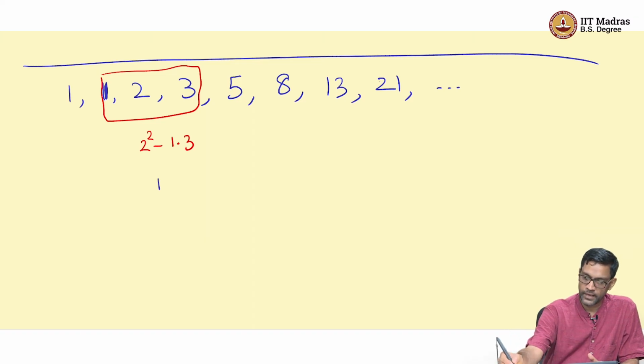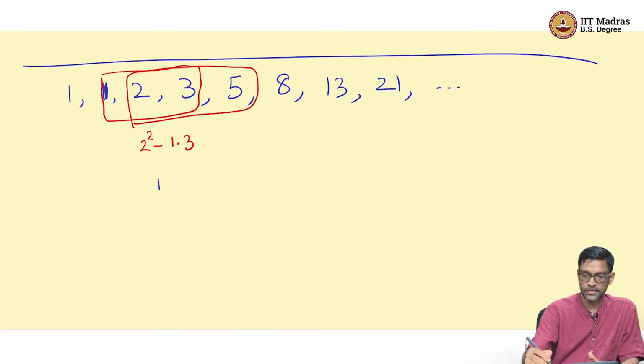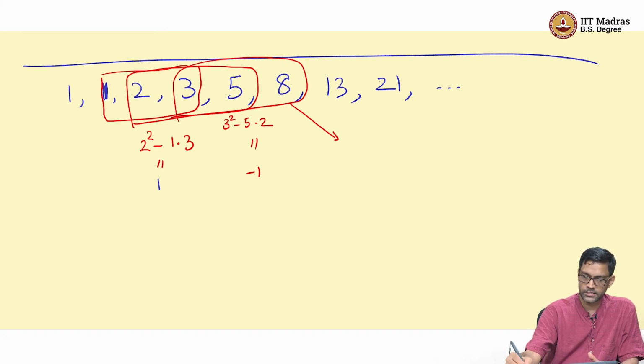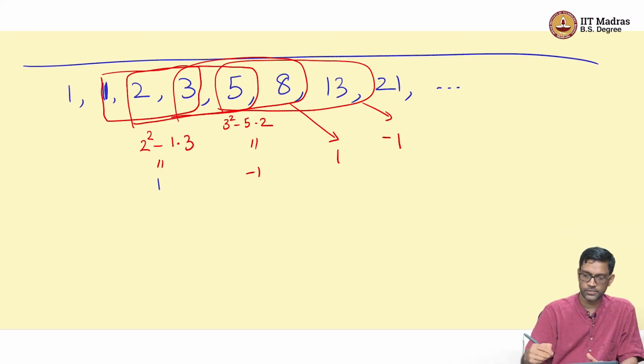Now if you take the next three terms, 2, 3 and 5, that's 3 squared minus 5 times 2, that's 9 minus 10, which is minus 1. So whereas this was 1, the next is minus 1. The next three terms give you 5 squared minus 8 times 3, which is 25 minus 24, plus 1. The next three give you 64 minus 65, which is minus 1, and so on.